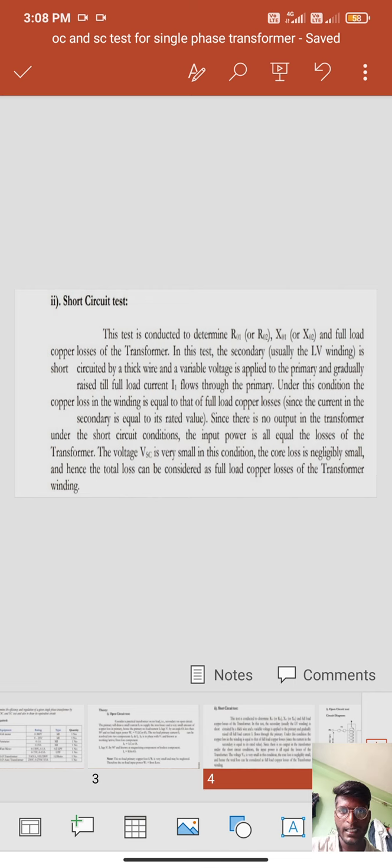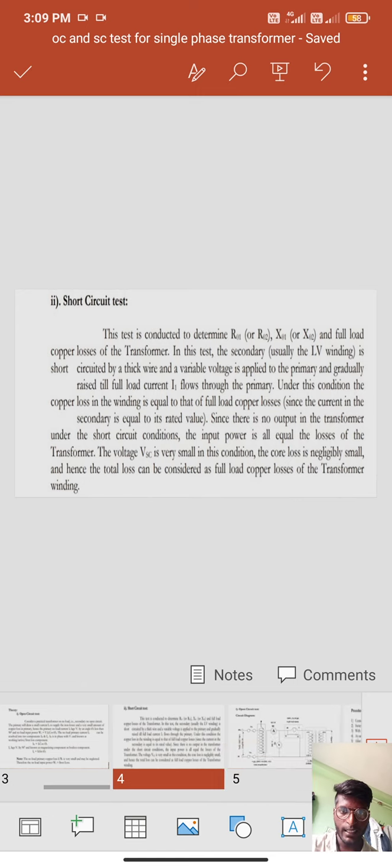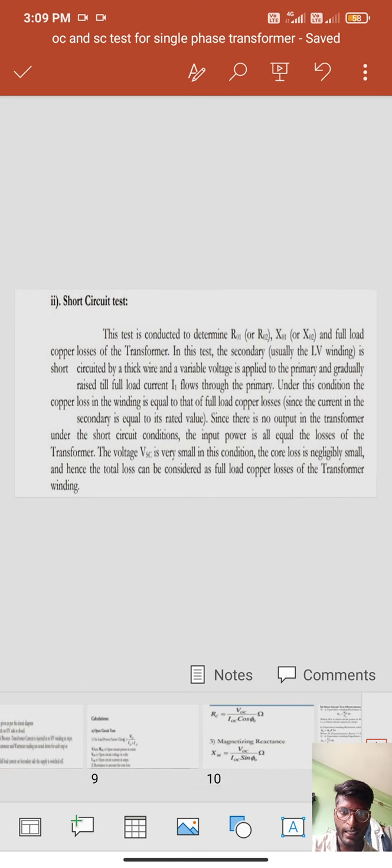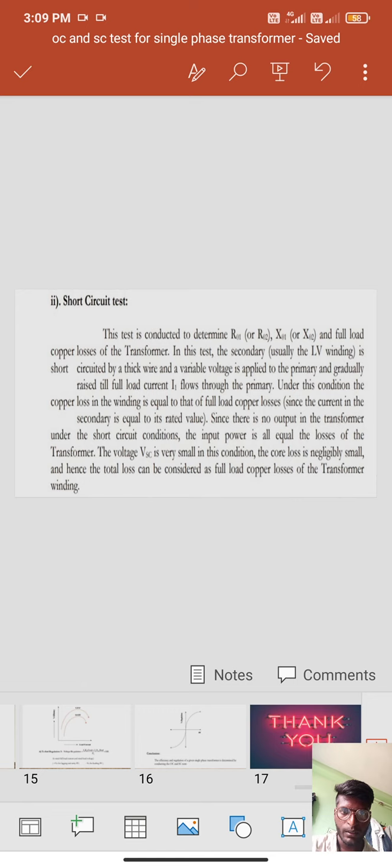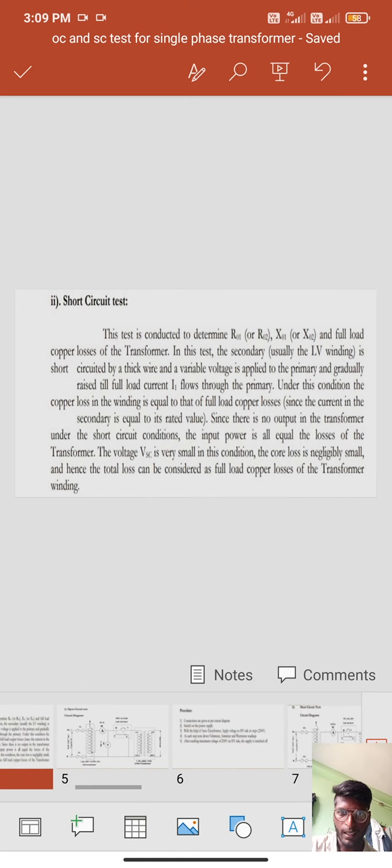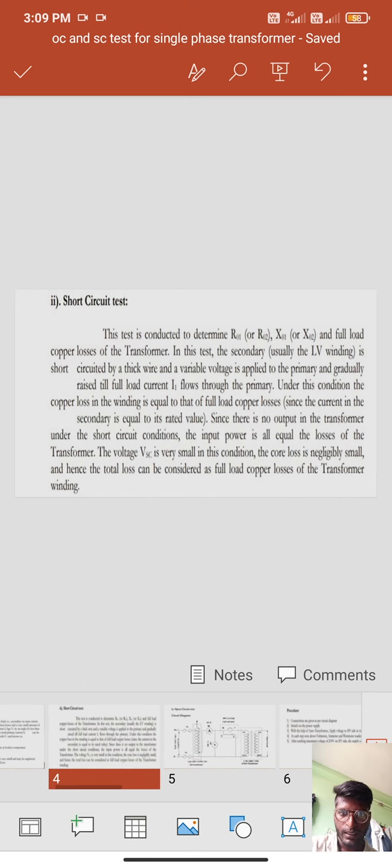Under this condition, the copper loss in the winding is equal to the full load copper loss, since the current in the secondary is equal to its rated current. Since there is no output of the transformer under the short circuit condition, the input power is also equal to the loss of the transformer. The voltage Vs is very small in this condition, so the core loss is negligibly small, and hence the total input can be considered as the full load copper losses of the transformer winding.